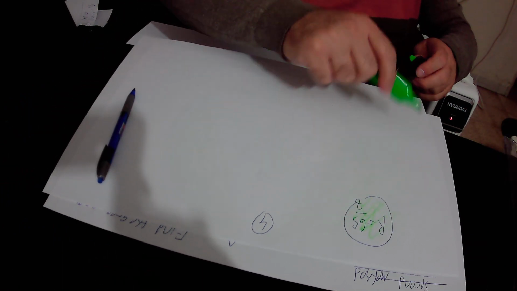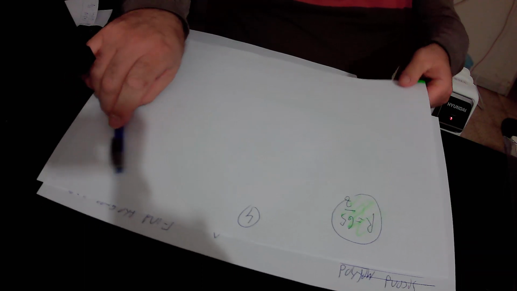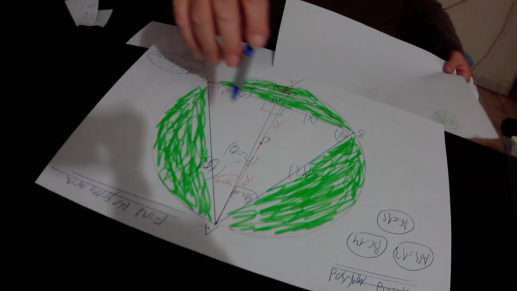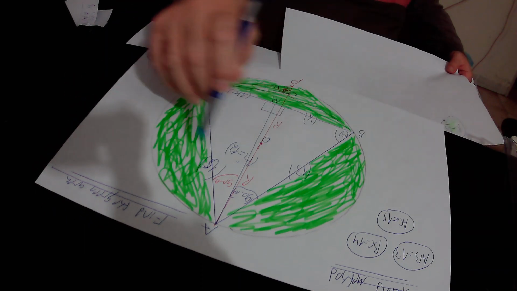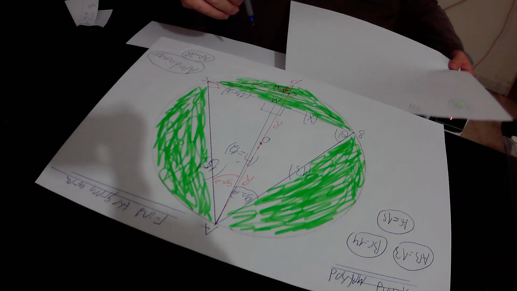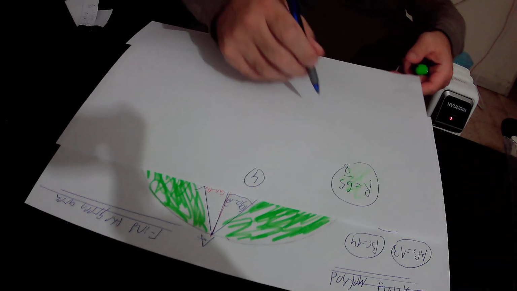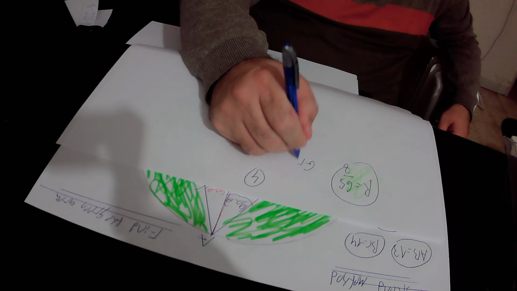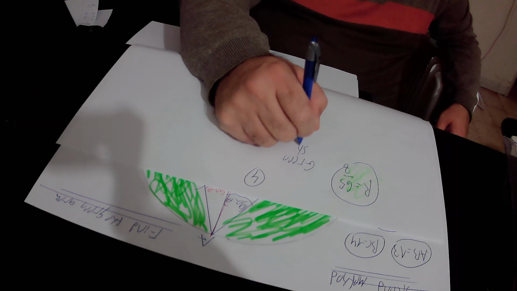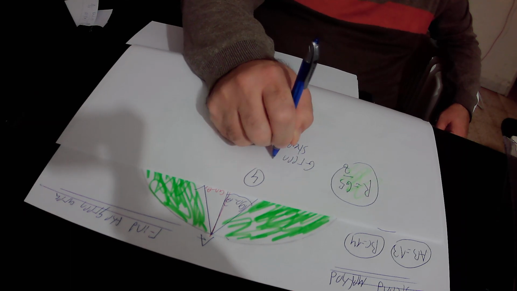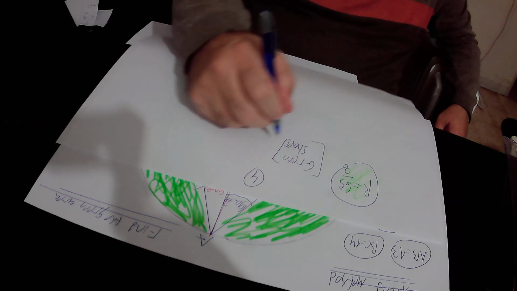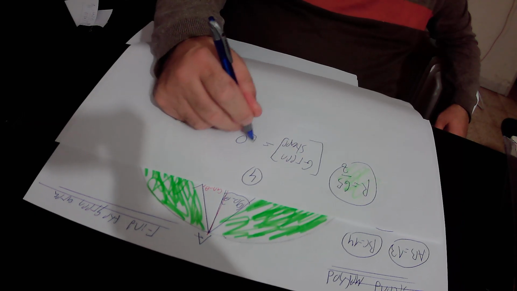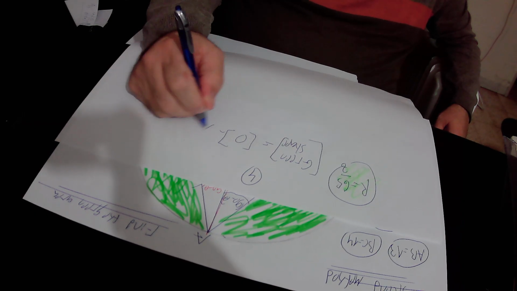I repeat again that the area of this green shape equals the area of the circle minus the area of triangle ABC. So I write it down again that the area of the green shape in total is equal to the area of the circle minus the area of triangle ABC.